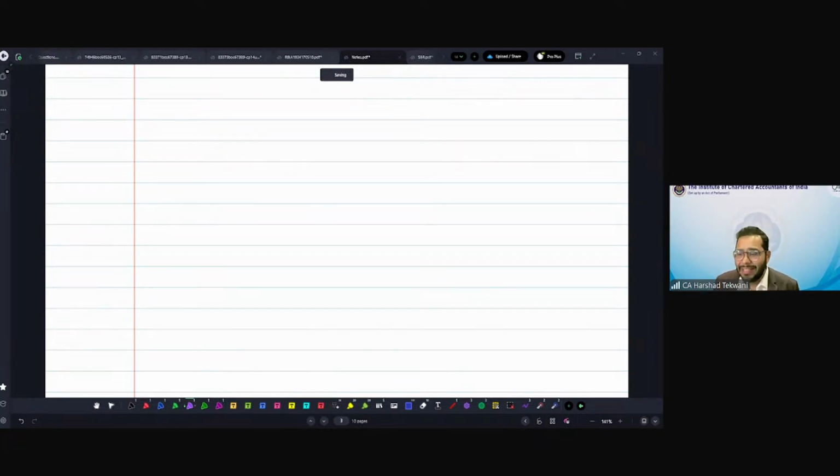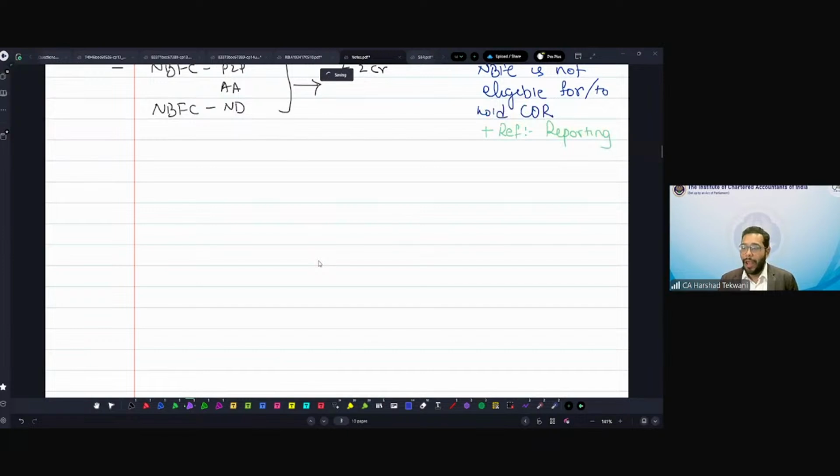So what is this tier 1 and tier 2 capital and why are we studying it? Because under the scale based regulation, there is a requirement to maintain tier 1 and tier 2 capital. So let's talk about tier 1 capital.